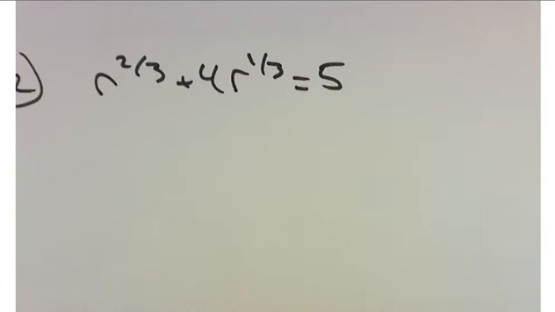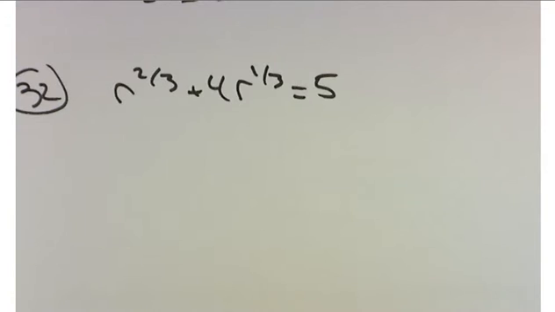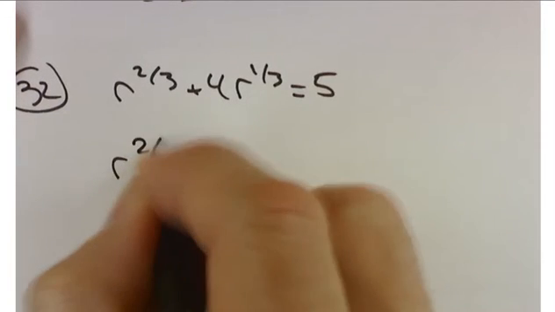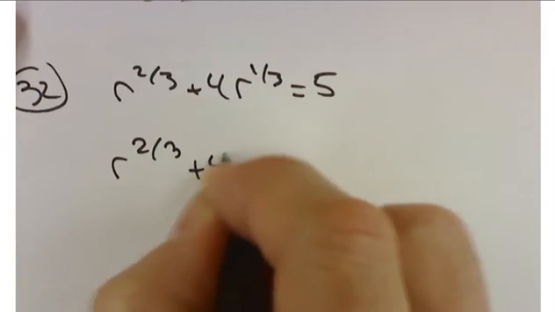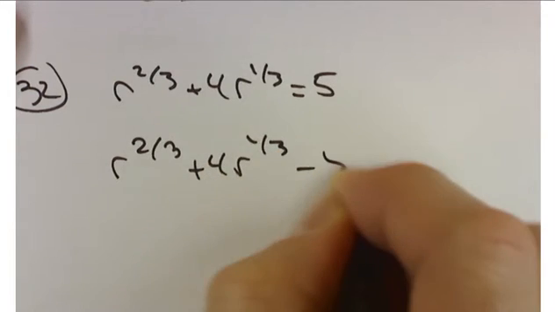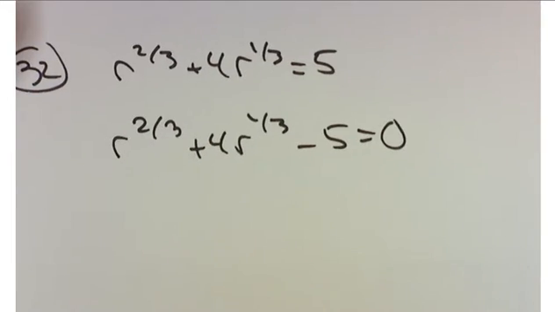So like most of our work with quadratic equations, you're going to get 0 on one side. I'll move the 5 to the left-hand side. And now you look at that, and boy, those 1/3 and 2/3 exponents look really ugly. Really intimidating. Is there a way we can work around that?